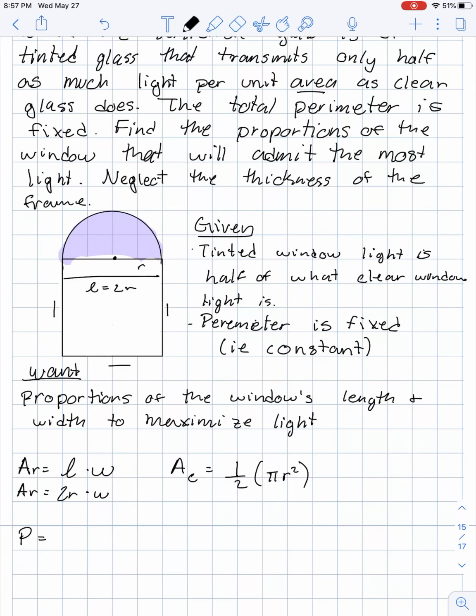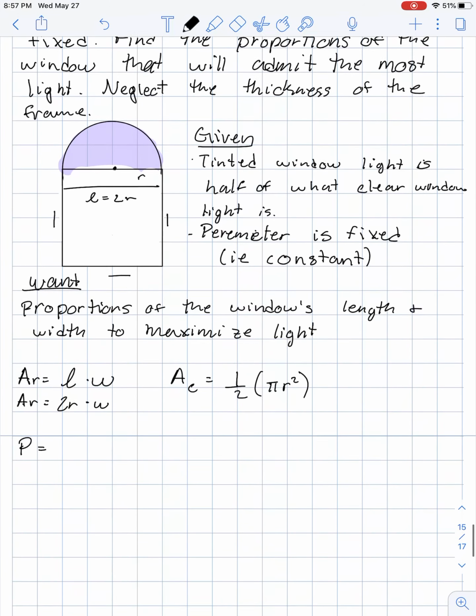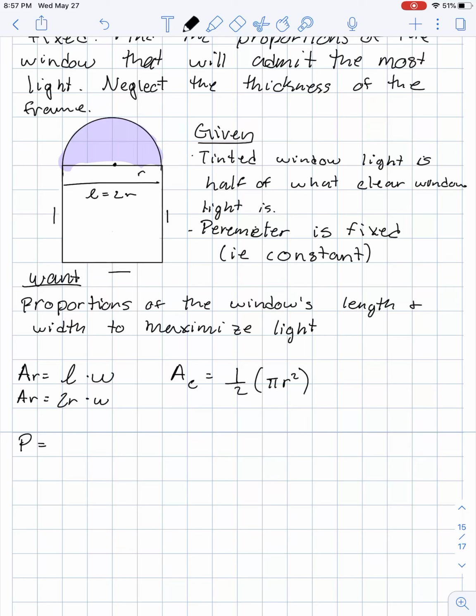Right, we're not including this inside of the perimeter. So it's going to be the perimeter of the semicircle plus 2 times the width plus the length, one length.